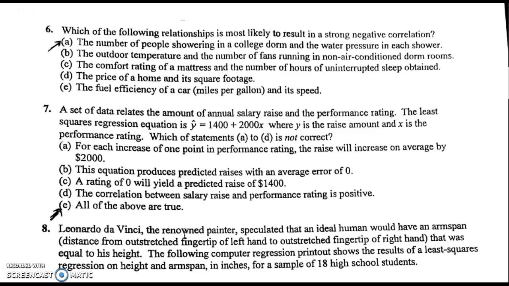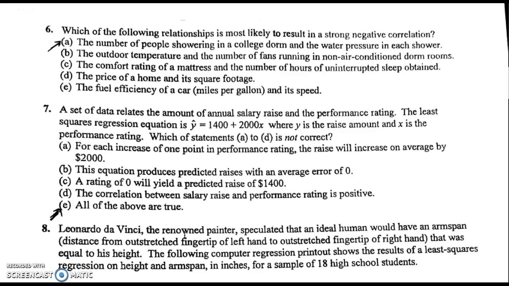C, the comfort rating of a mattress and the number of hours of sleep. If your mattress is more comfortable, you're going to get more sleep. D, the price of a home and the square footage. If the house is more expensive, it's probably larger, thus the square footage is higher. E, the fuel efficiency and the speed.